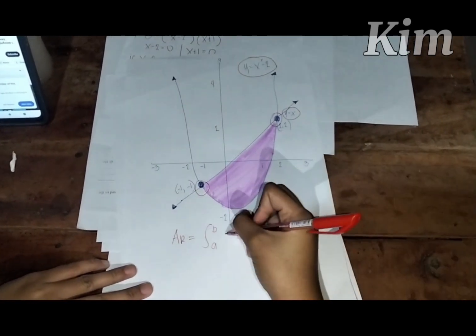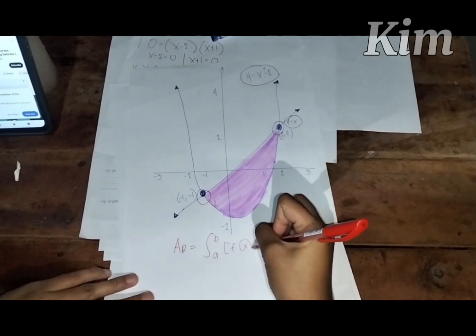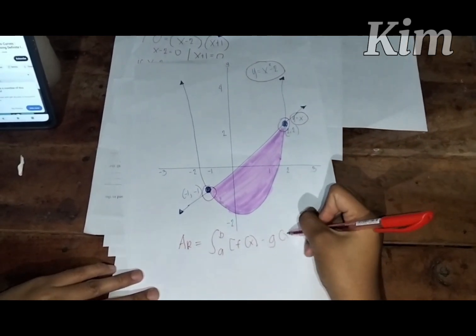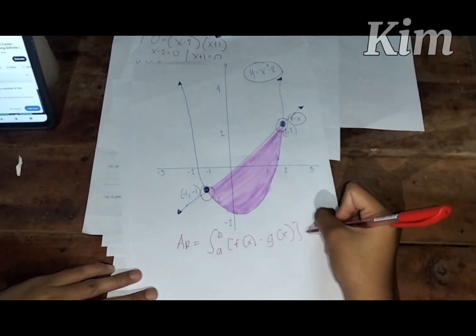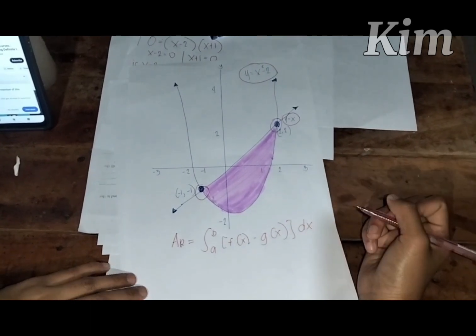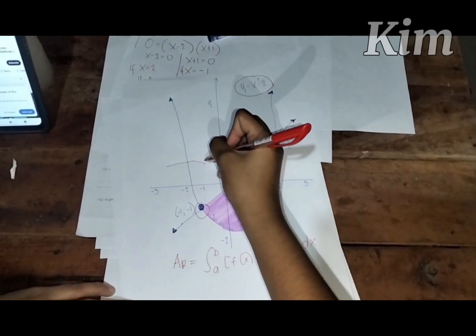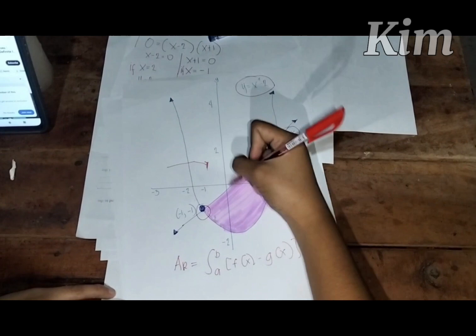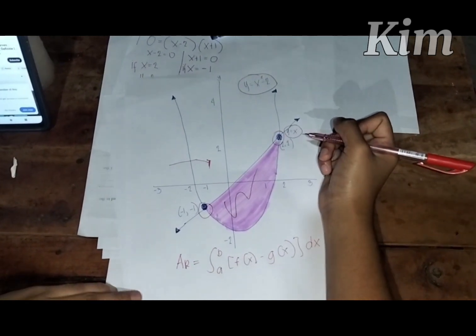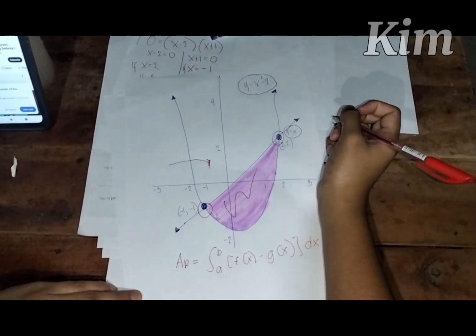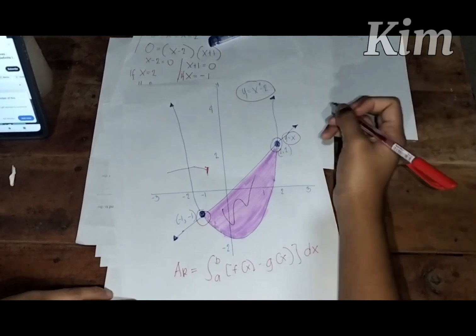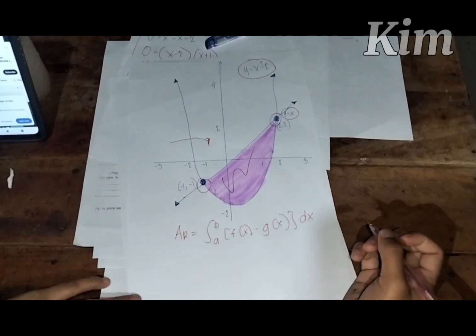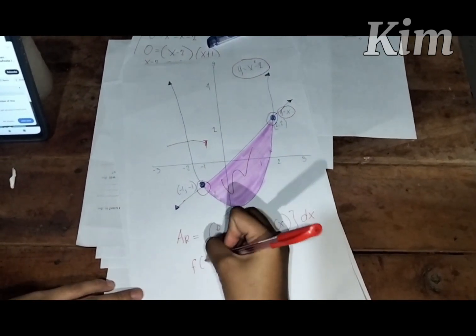Again, our formula: the area of the region is equal to the definite integral of f of x minus g of x dx. Based on the graph, our shaded region is bounded above by y is equal to x. It means f of x is equal to x.